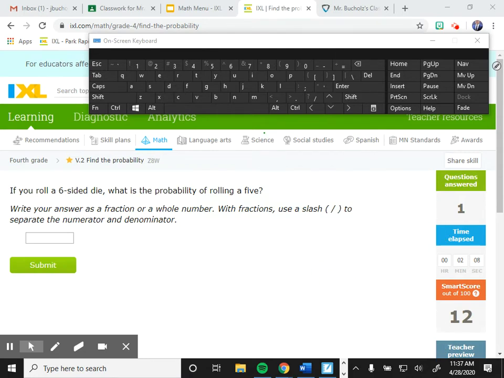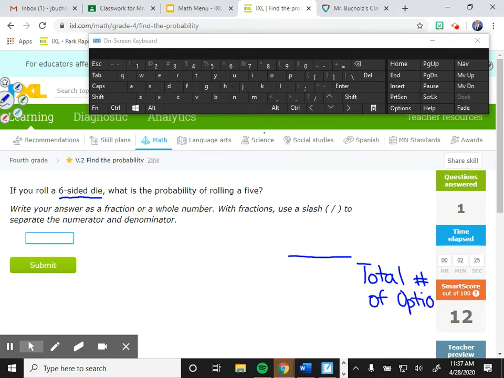So if you roll a six-sided die, this tells us our total. Remember, our bottom is our total number of options, and our top is the number of options we are going for.